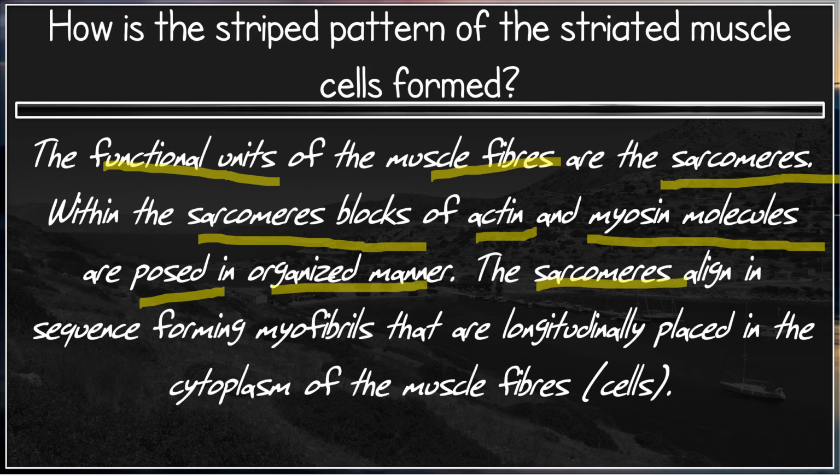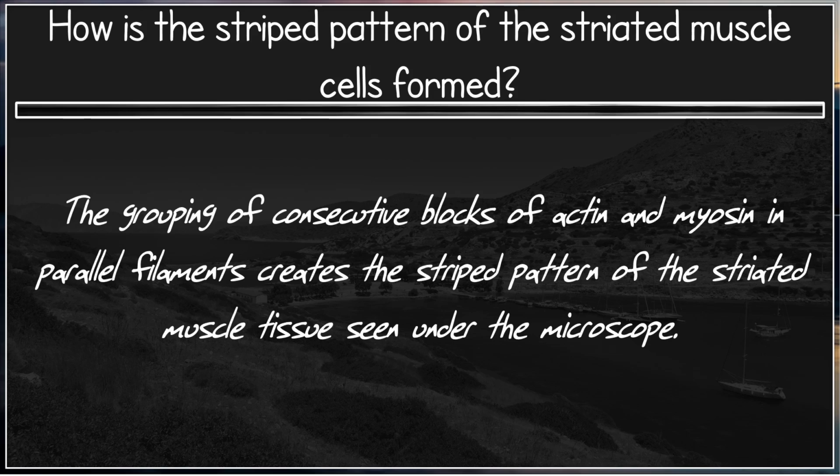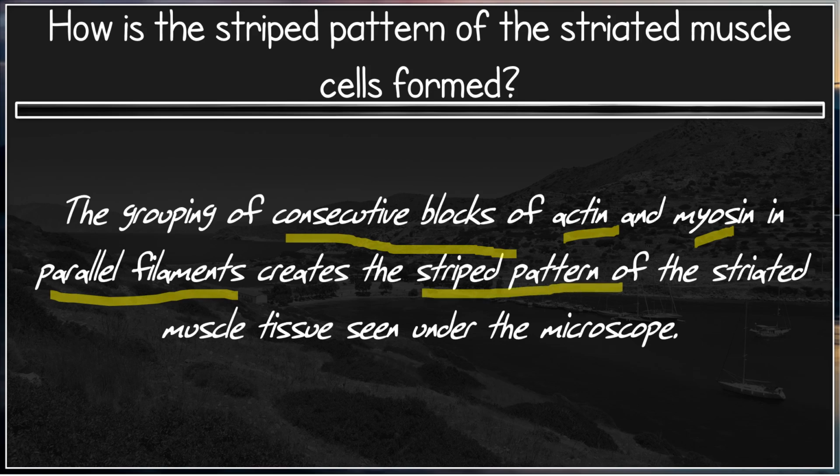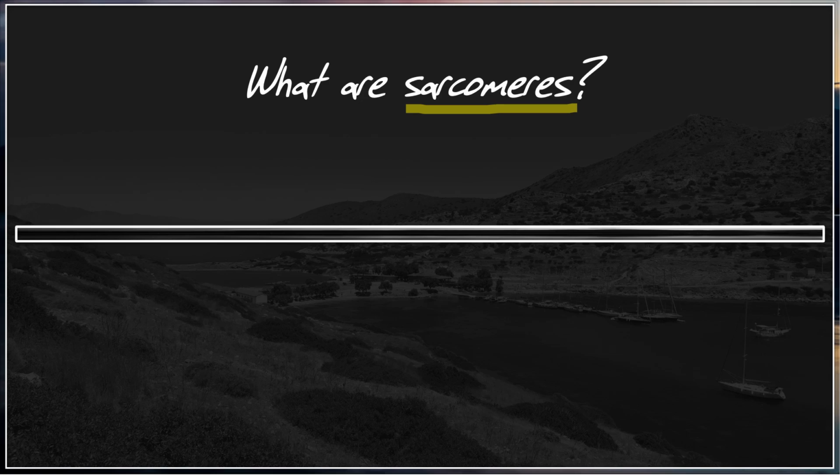Sarcomeres align in sequence forming myofibrils that are longitudinally placed in the cytoplasm of the muscle fiber or cells. The grouping of consecutive blocks of actin and myosin in parallel filaments creates the striped pattern of the striated muscle tissue seen under the microscope. What are sarcomeres?